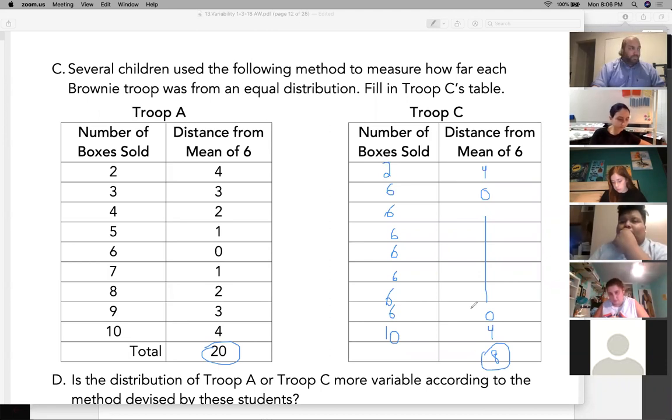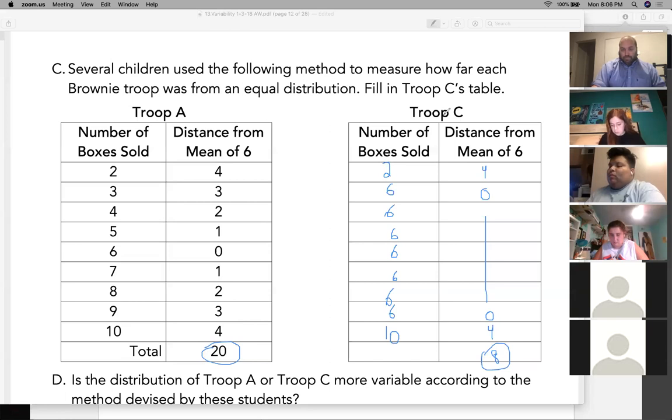So 20 is more variable than 8. Therefore, A is more variable than C. Professor, if we were to compare A and B, B would be more variable because B had a 24. Exactly.